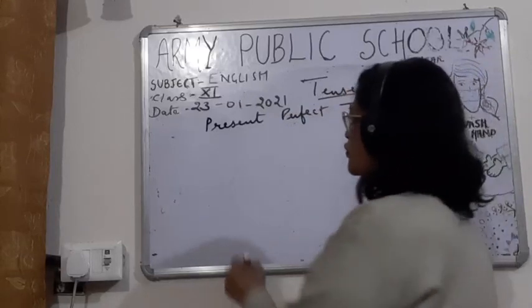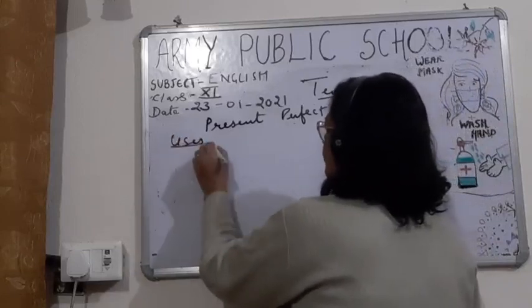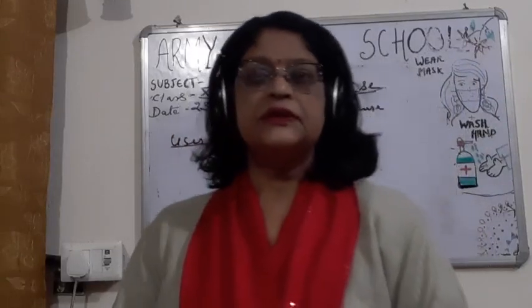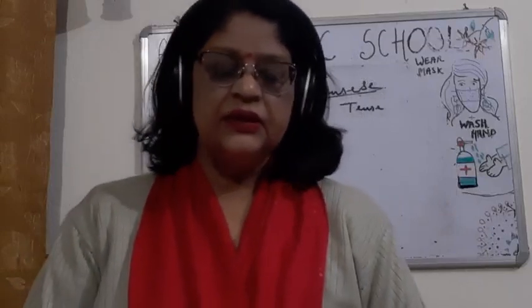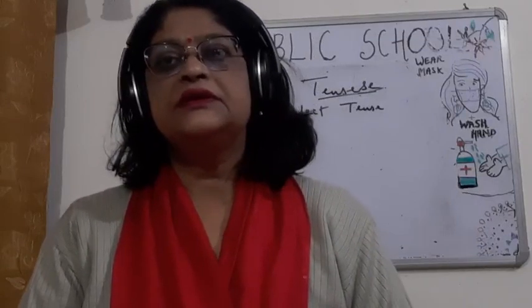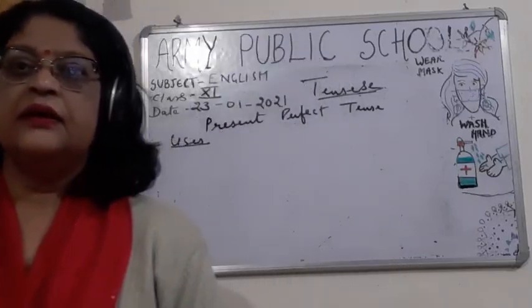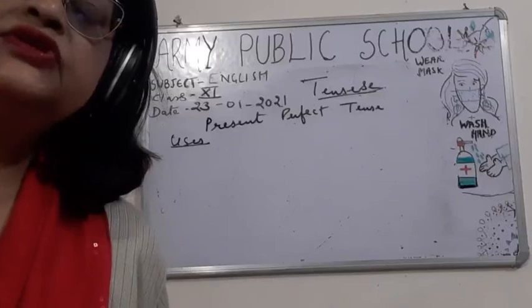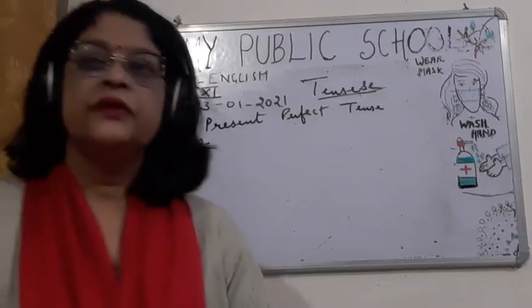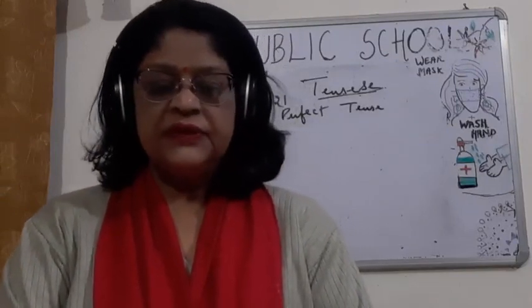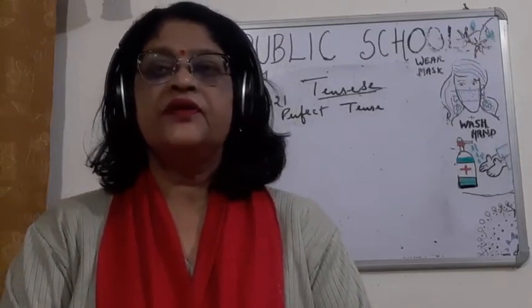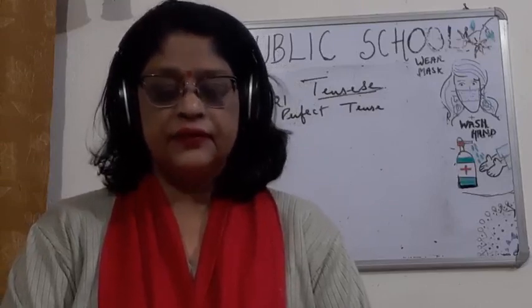So first, the uses. Children, what is the first use of this tense? When the action is completed now, when it is a recently completed action, and when time is not given. Like John has finished his work. In present perfect tense we write the third form of the verb plus has or have.